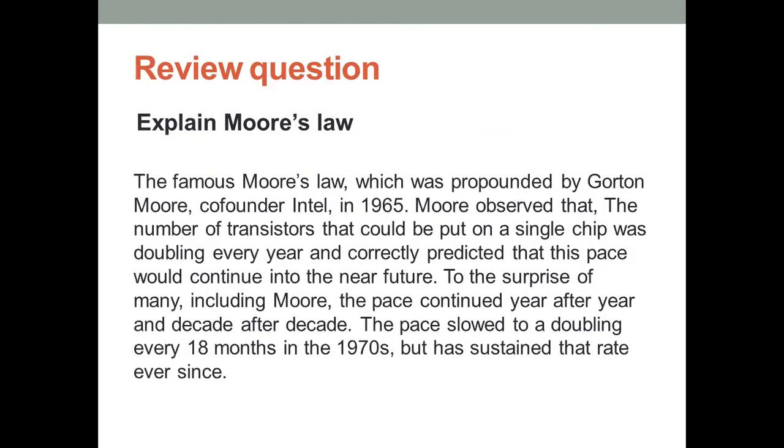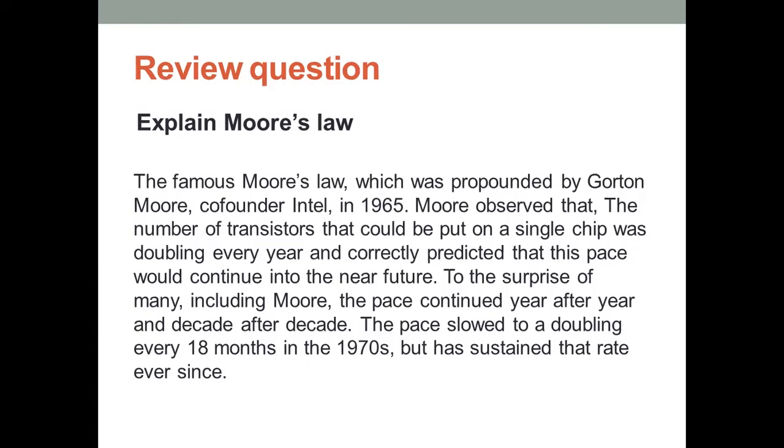So this is one of the famous laws, Moore's law. The famous Moore's law was propounded by Gordon Moore, co-founder of Intel, in 1965. Moore observed that the number of transistors that could be put on a single chip was doubling every year, and correctly predicted that this pace would continue into the near future.